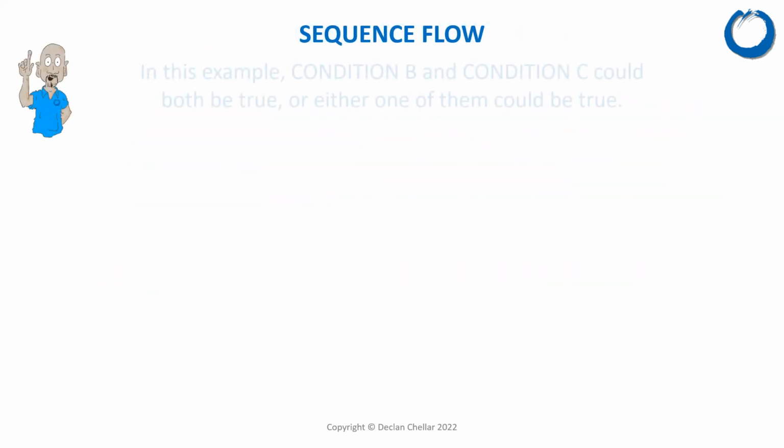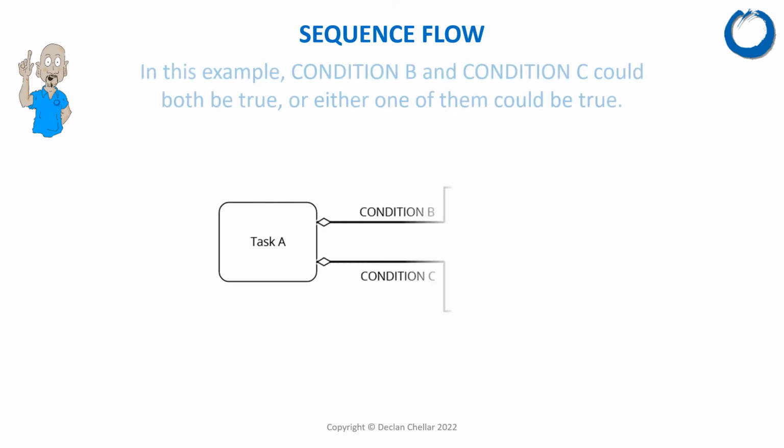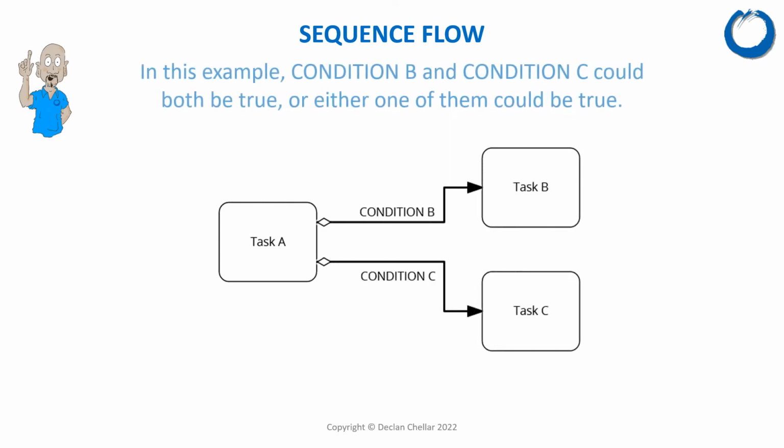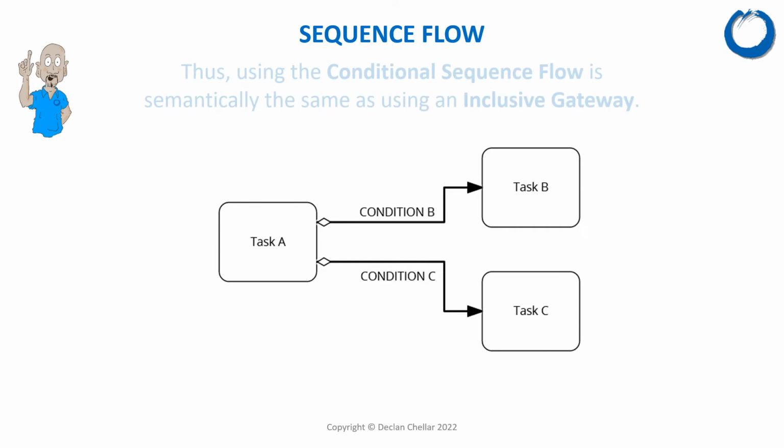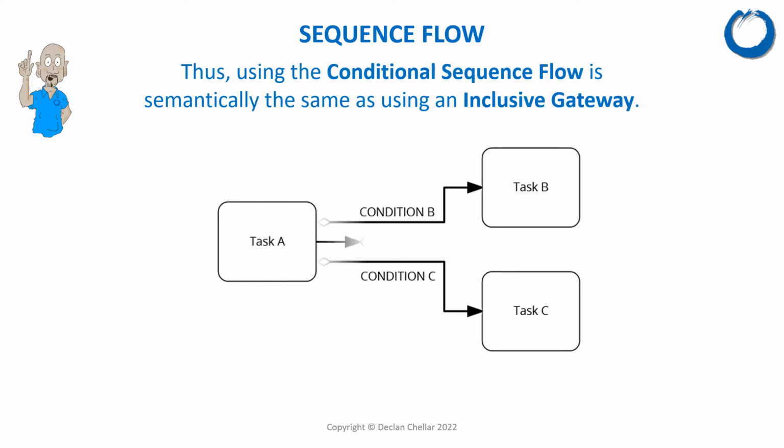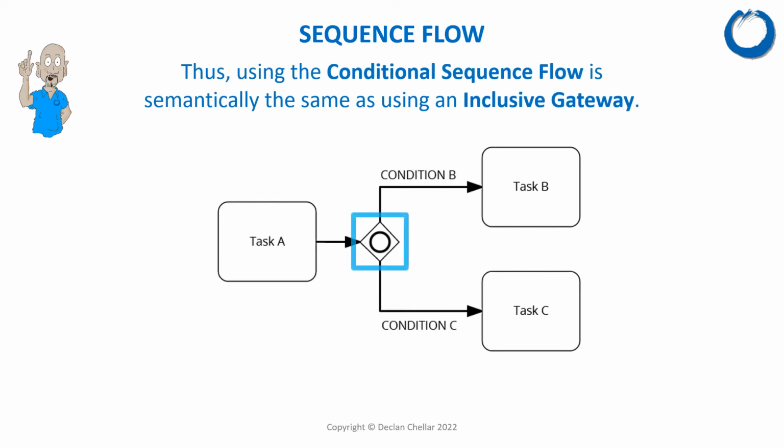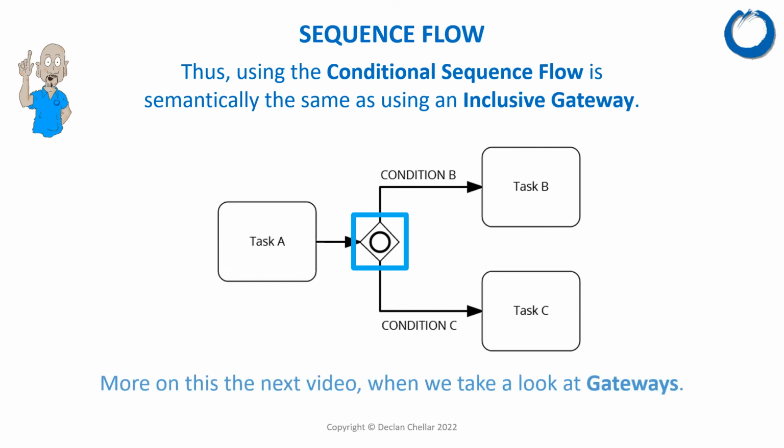In this example, condition B and condition C could both be true, or either one of them could be true. Thus, using the conditional sequence flow is semantically the same as using an inclusive gateway. More on this in the next video when we take a look at gateways.